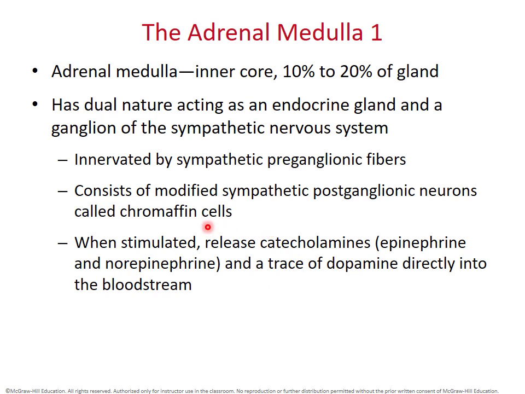So really interesting, again, highlighting the great similarity between endocrine and neural function. The entire adrenal medulla is essentially taking the place of the postganglionic sympathetic neuron, and instead of releasing norepinephrine as a neurotransmitter to a specific target, is releasing epinephrine and norepinephrine as a hormone into the bloodstream.